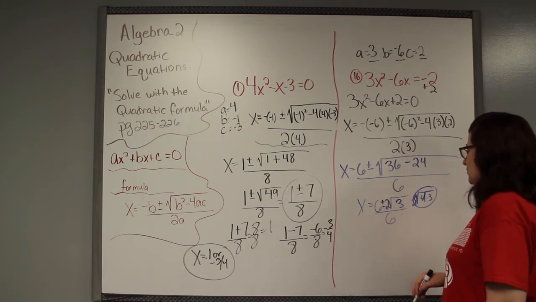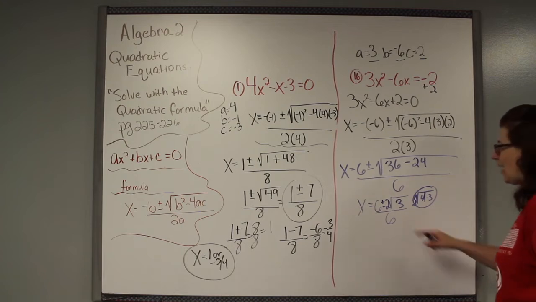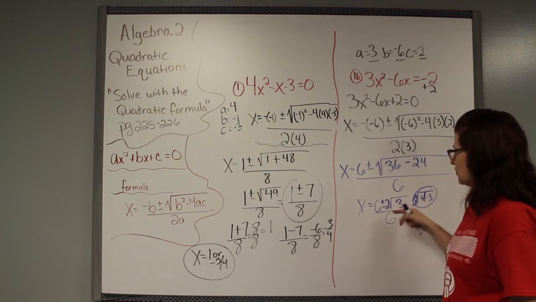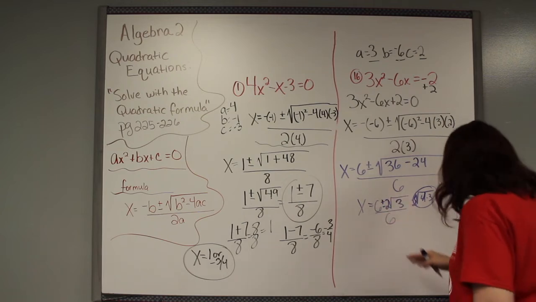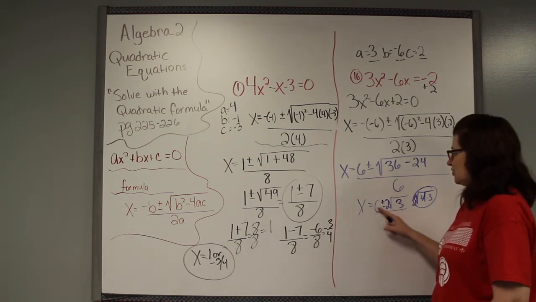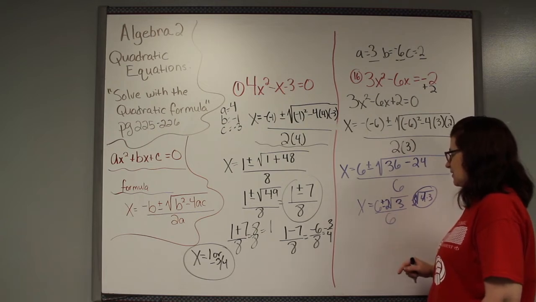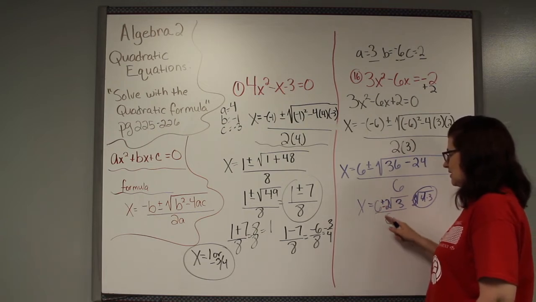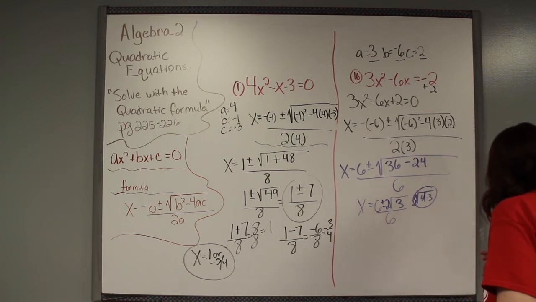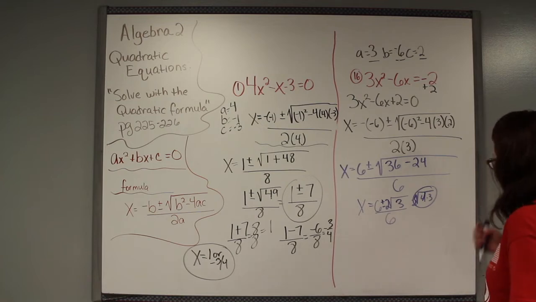And now what I want to do is simplify these outside numbers. Okay, I will not be able to add 6 plus 2 radical 3 because they're not the same, or 6 minus 2 radical 3. So I'm going to leave my answer like this, but I know that my 6's will cancel out. But it's basically a division into this and to this, okay? So I don't want to say cancel out.